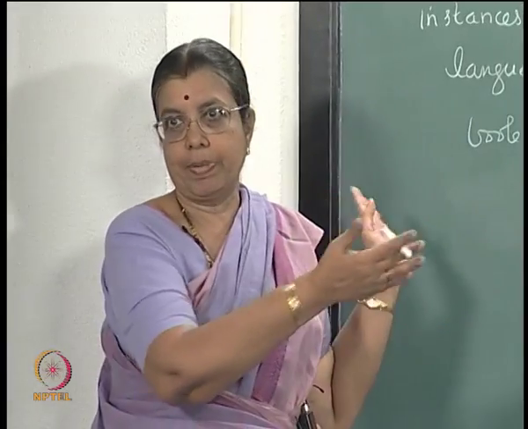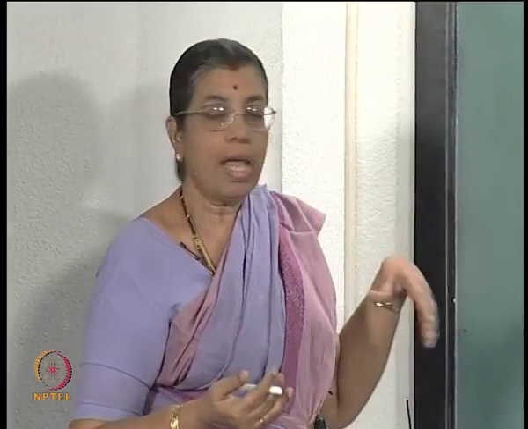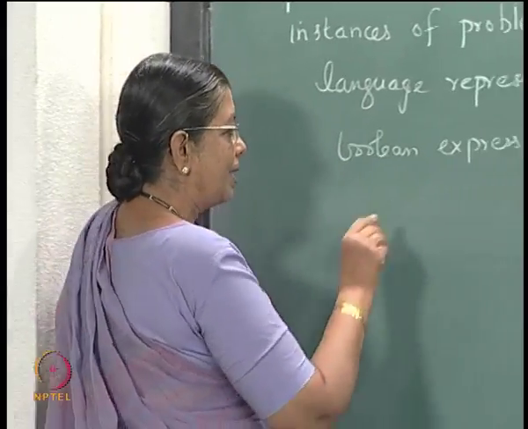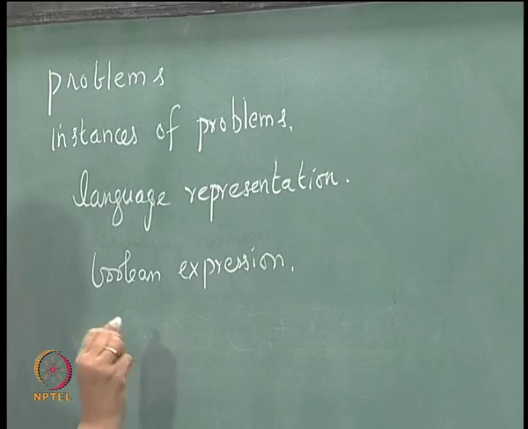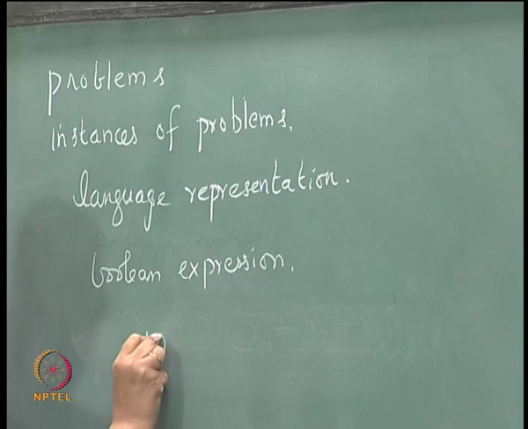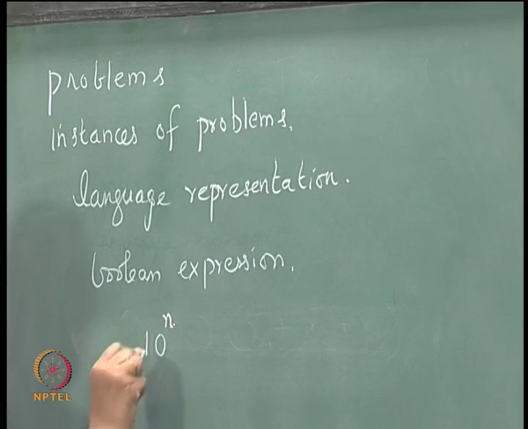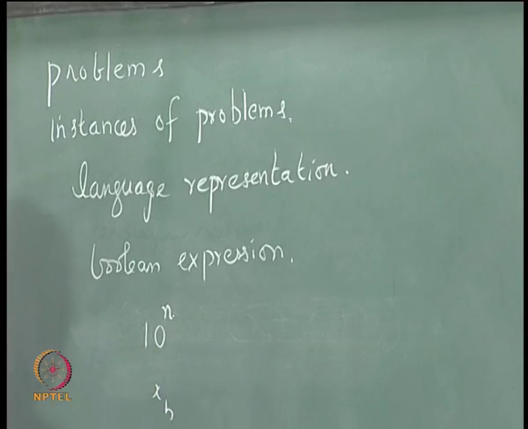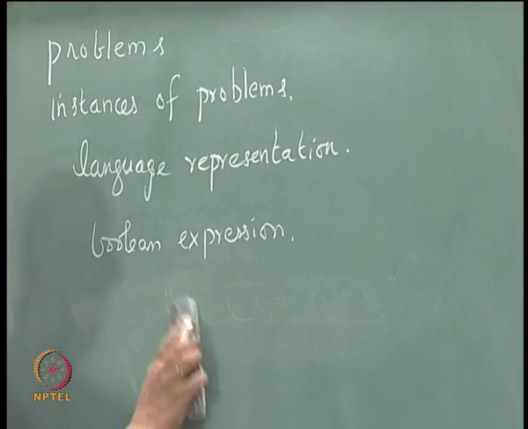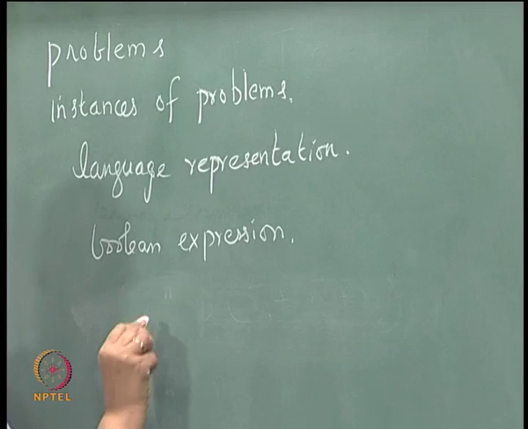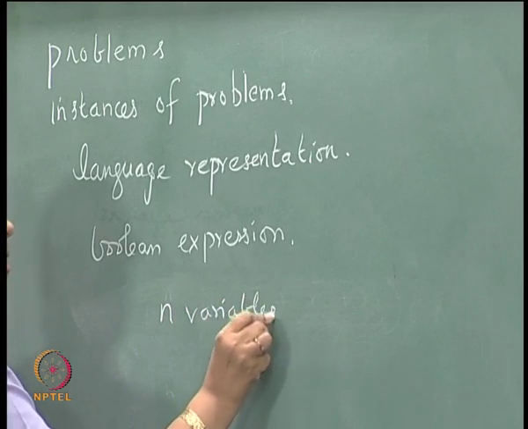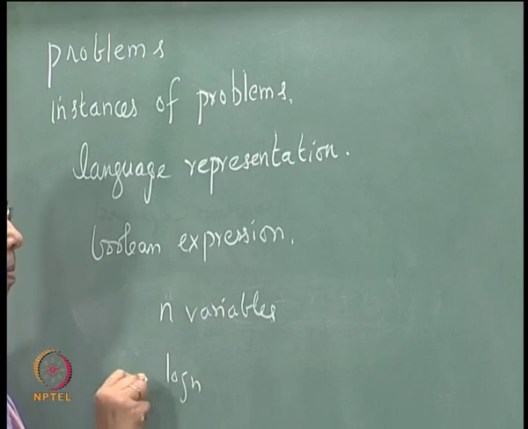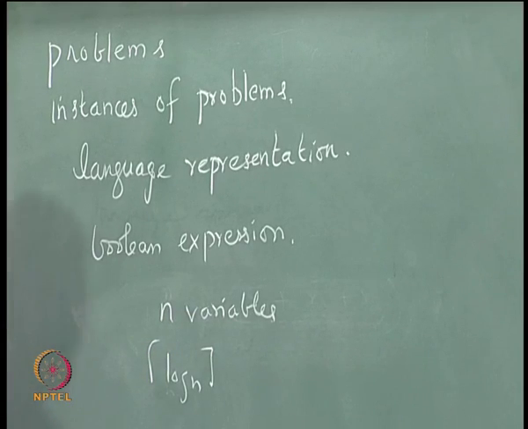Okay. What is an instance? An instance is an expression. One expression is an instance. Okay. So, as a language you can represent this in some manner. For example, each variable you can represent as 1 0 power n meaning xn or something like that, some representation, or if there are n variables you can use log n bits to represent one variable and so on.